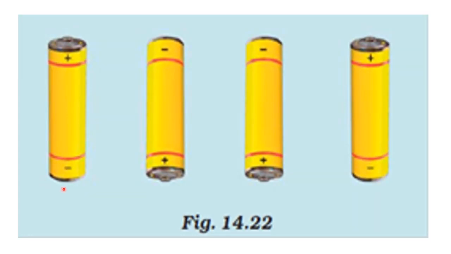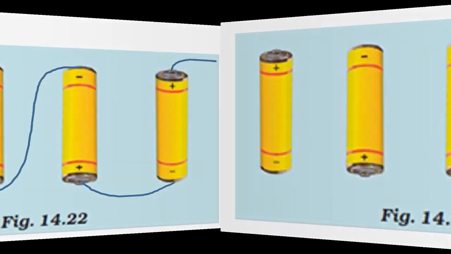These are the 4 cells shown in figure 14.22. We are already aware that in a cell there are two terminals, one positive, another negative. If you look carefully, all these 4 cells have both the terminals.